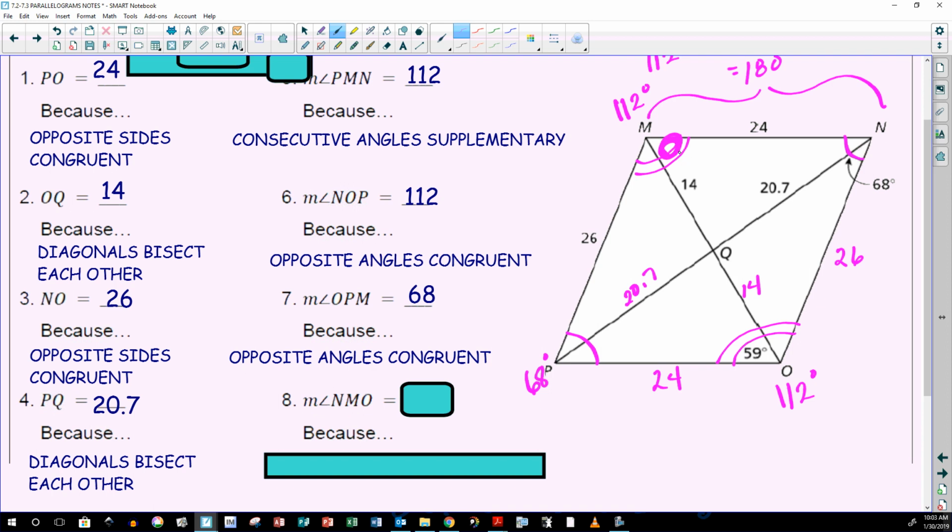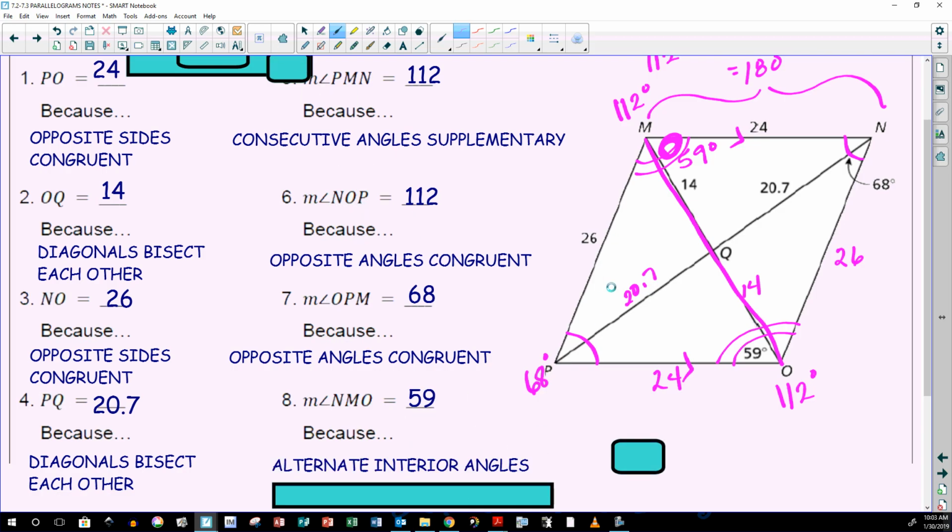Well, I know it's going to be 59 because if you remember, this side is parallel to this side. So this diagonal is acting as a transversal between those two parallel sides. So it's going to be 59 because alternate interior angles.